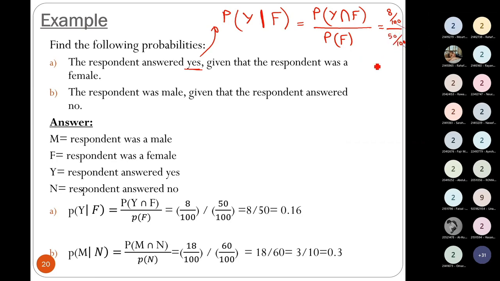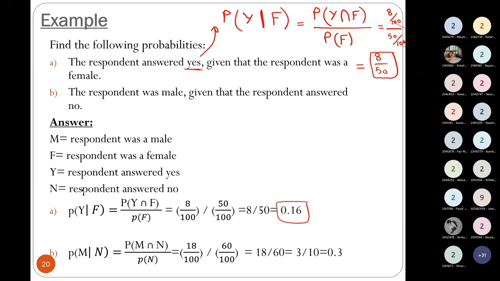Remove 100 with 100, so we have 8 over 50, which equals 4 over 25, or 16%.